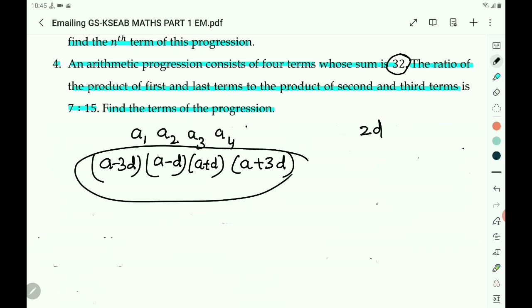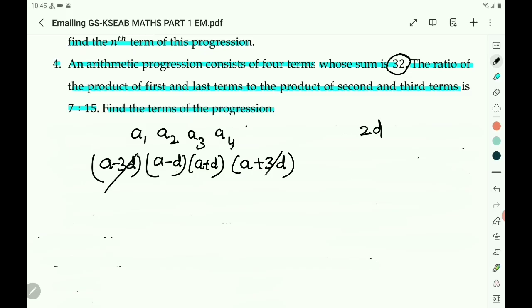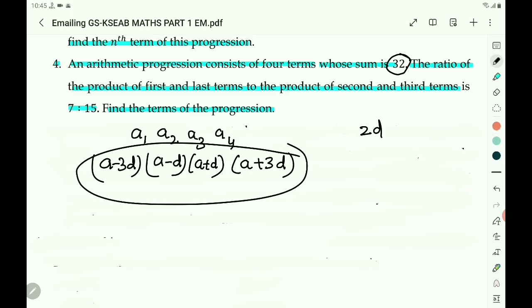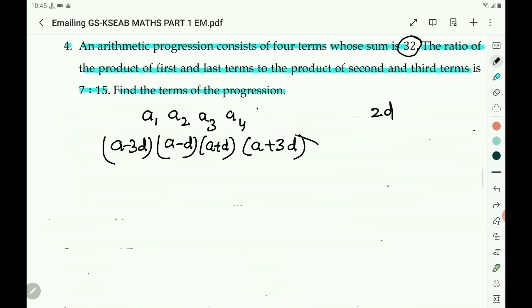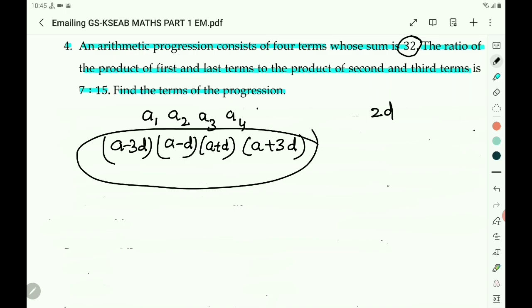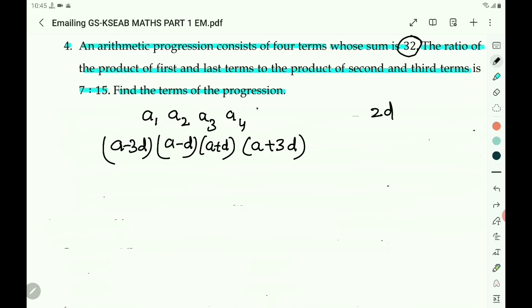If you take the sum of these terms, minus d plus d cancels and minus 3d plus 3d cancels, you will get the value of a. For convenience, you must take a minus 3d, a minus d, a plus d, a plus 3d. You can take a1 is a, a2 is a plus d, a3 is a plus 2d, a4 is a plus 3d this way, but it becomes difficult for us to solve this problem. By taking it this way, it becomes easy for you. So here the 4 terms are a minus 3d, a minus d, a plus d, a plus 3d.